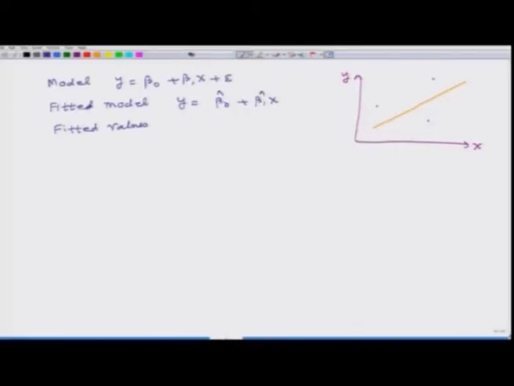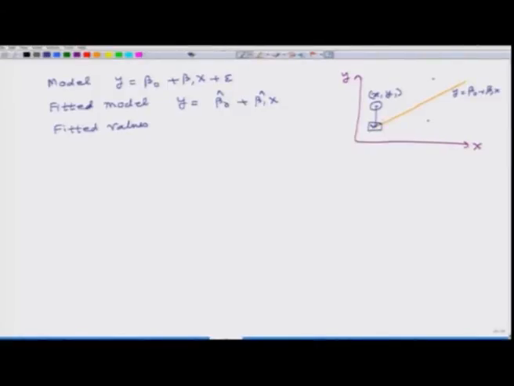Suppose this is our x1, y1, and we expected that this value is going to lie somewhere on this line y equals beta 0 plus beta 1 x. So we had observed the values x1, y1, but I am expecting that this value should lie somewhere here.